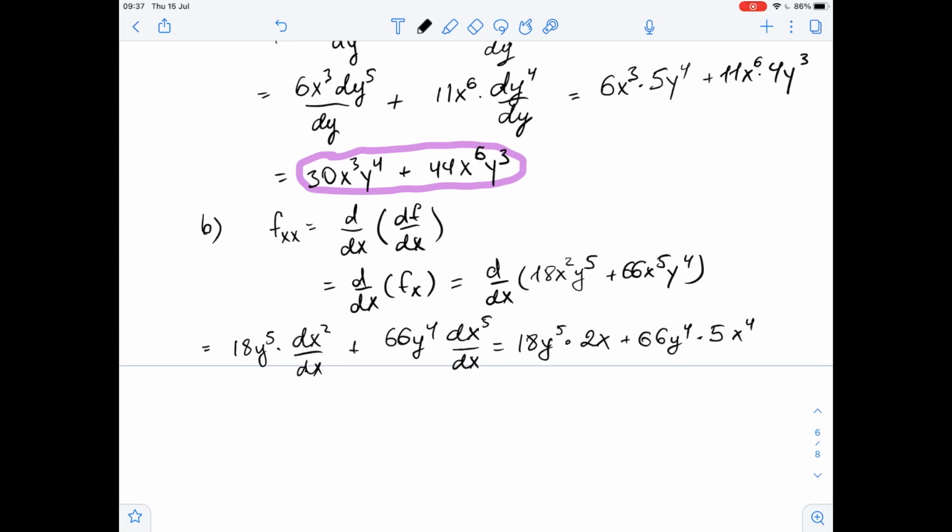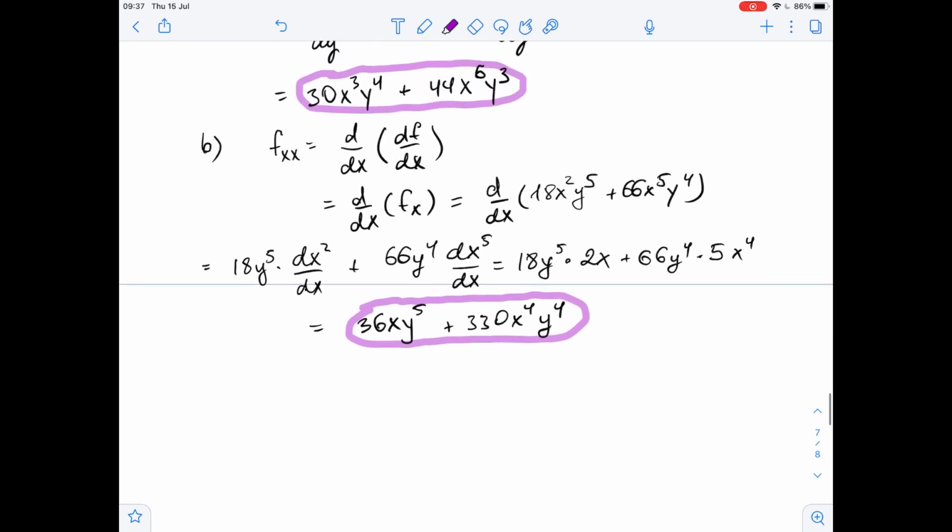So this equals 36x times y to the 5th power plus 330x to the 4th power y to the 4th power. So we have found one of the second partial derivatives.